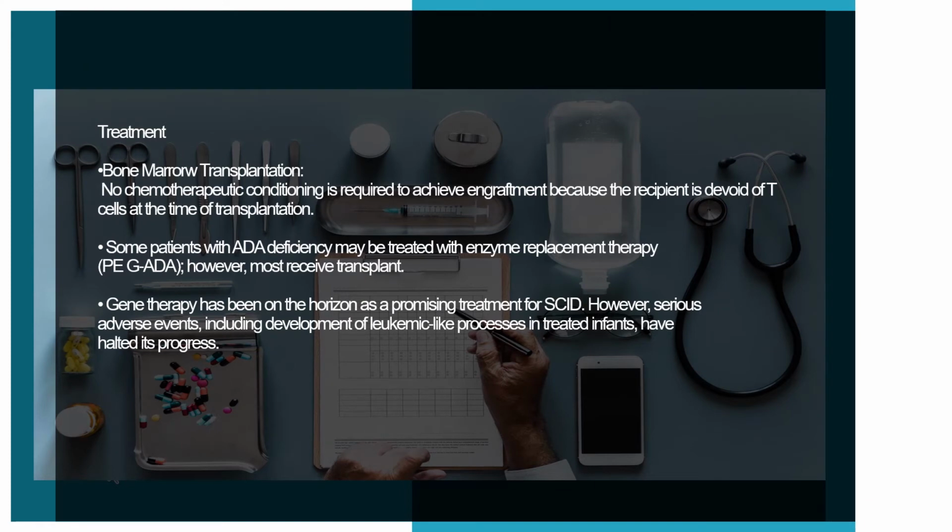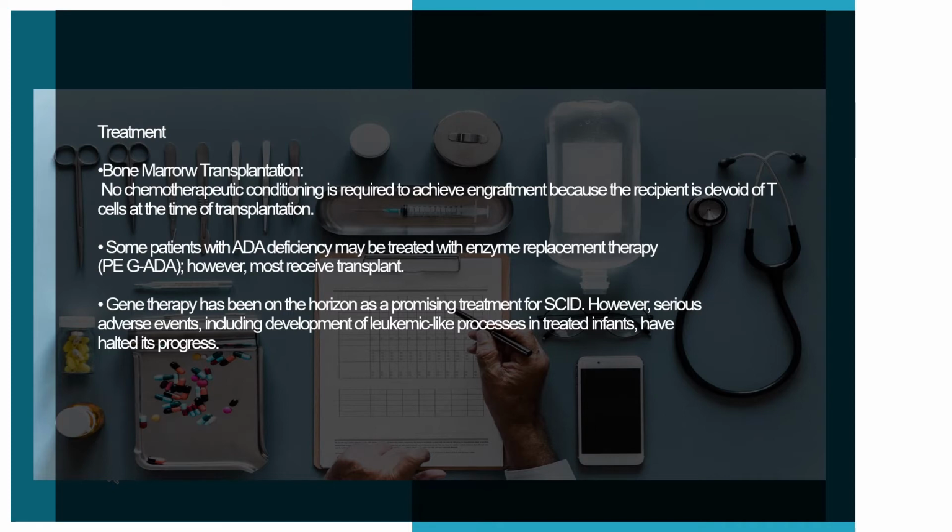SCID is a pediatric emergency. The most common curative therapy for all forms of SCID is bone marrow transplantation from HLA-identical or haploidentical donors. Without this, death usually occurs by 1 year of age and invariably before the patient's second birthday. No chemotherapeutic conditioning is required to achieve engraftment because the recipient is devoid of T cells at the time of transplantation.